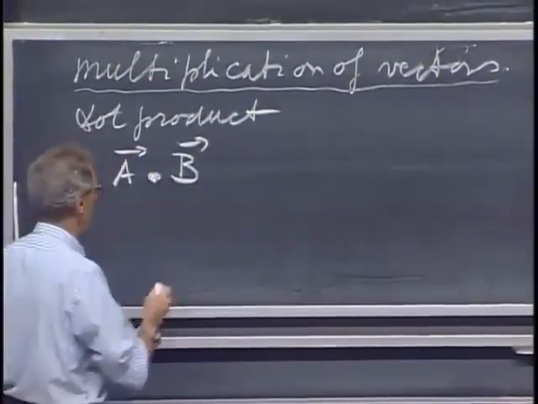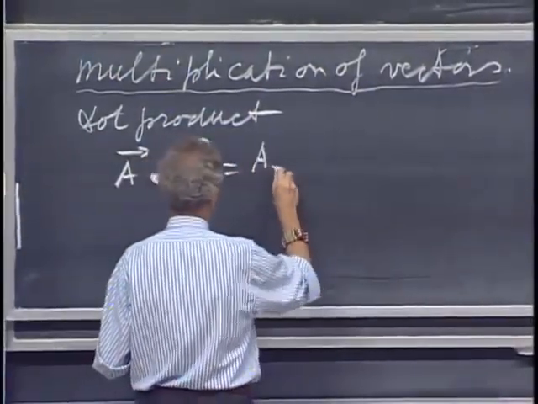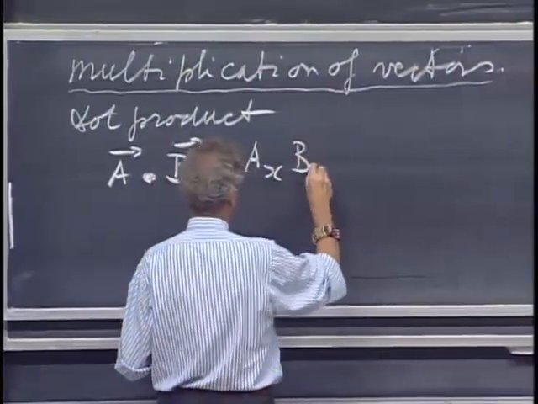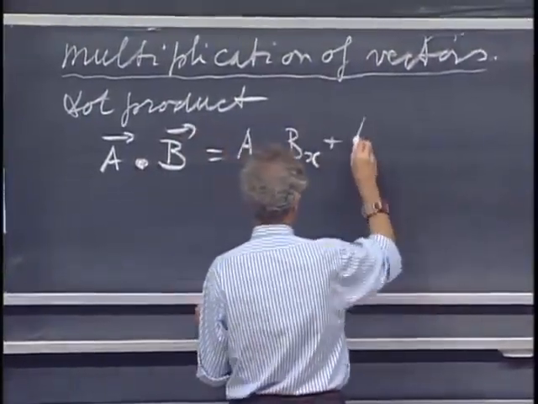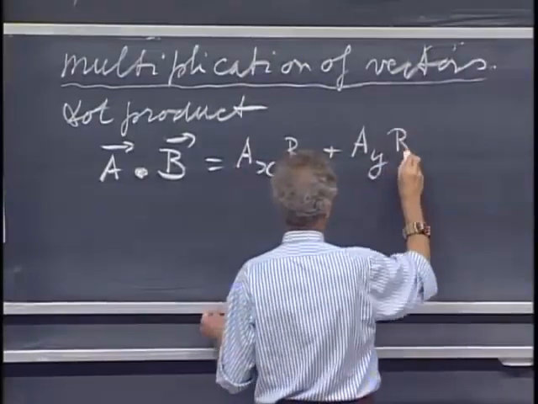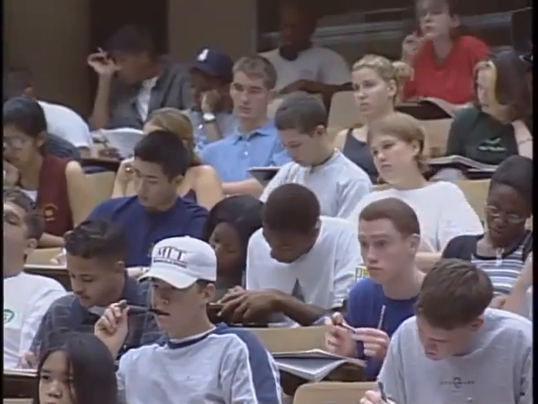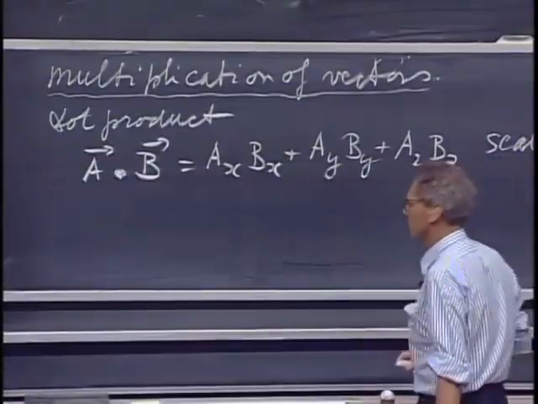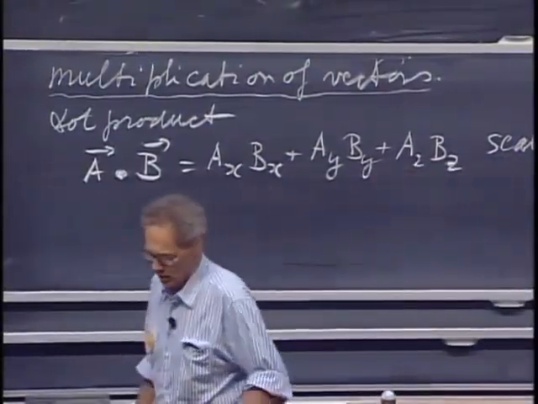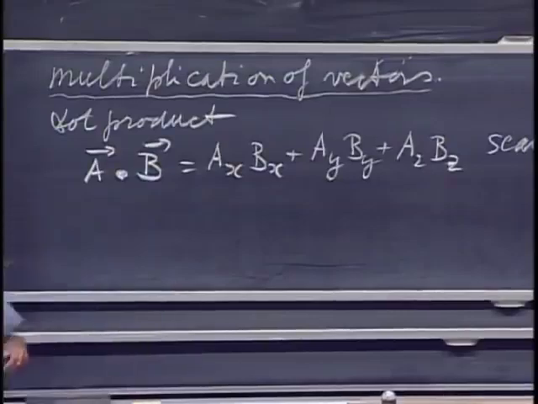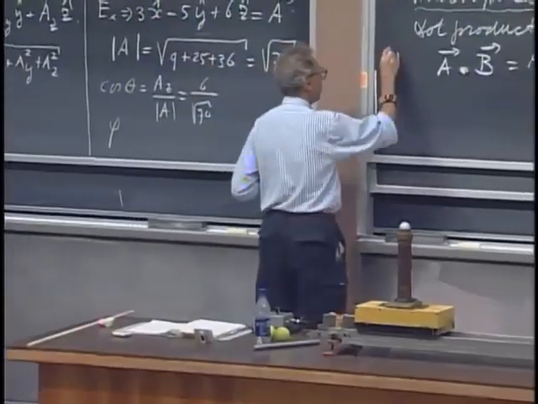That's defined as A of x times B of x, just a number, plus A of y times B of y, that's another number, plus A of z times B of z, that's another number. It is a scalar. It has no longer a direction. That is the dot product. So that's method number one. That's completely legitimate, and you can always use that.